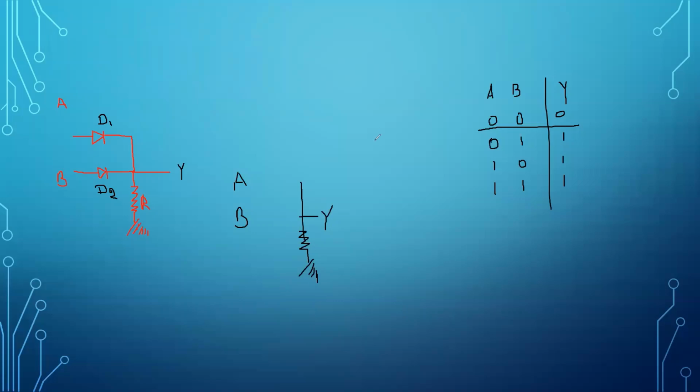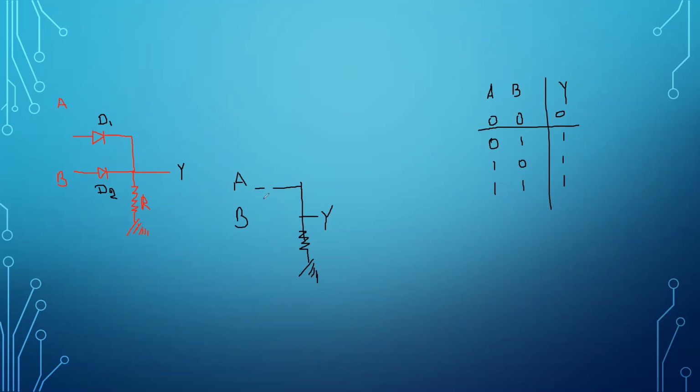Then for case 2, A is equal to 0 and B is equal to 1. In this case, we need to get logical addition, that means the OR gate output as 1. We will check it. For example, you are providing 0 to terminal A, so you are providing 0 to the cathode also. This D1 is going to be in the off condition, so we can cut the diode and cut the connection, that means open circuited.